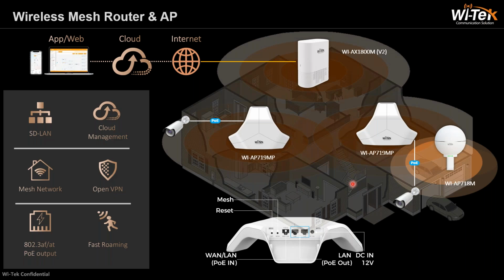And let's move to our wireless mesh router and AP. This product line is very suitable for small business scenarios under 600 square meters, like a coffee shop, villa, and small office. We use 3 to 5 wireless mesh APs and mesh routers to build Wi-Fi coverage.